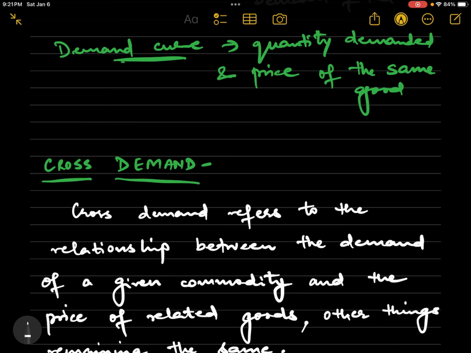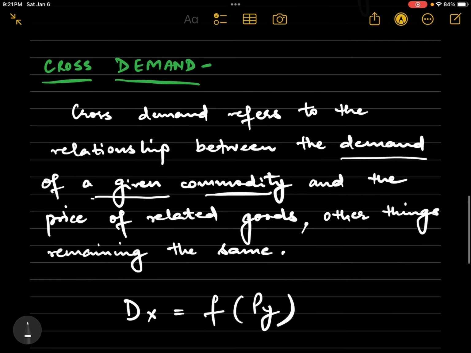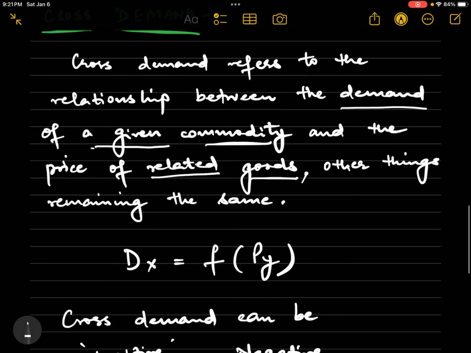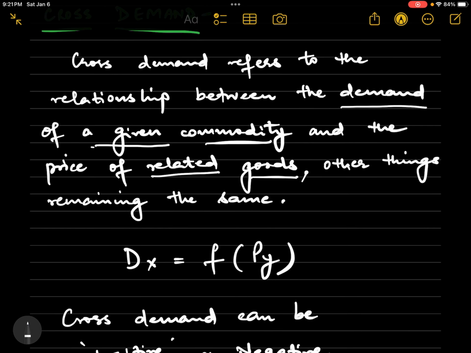Cross demand refers to the relationship between the demand for a given commodity and the price of related goods, when we assume other things to remain constant. So what we are trying to say is that the demand for one commodity X is a function of the price of the related good, which can be a substitute good or a complementary good.